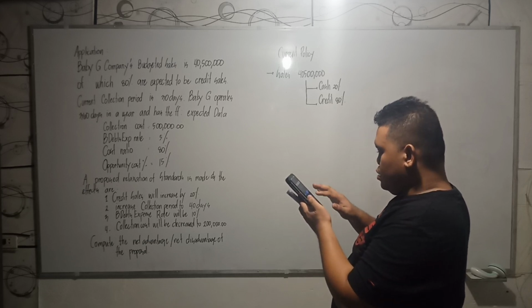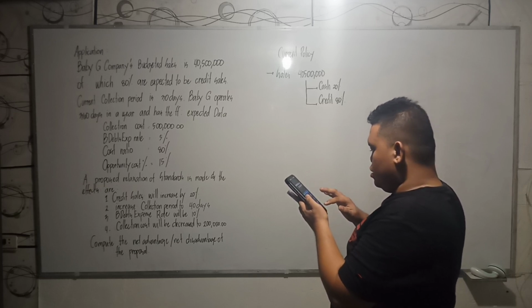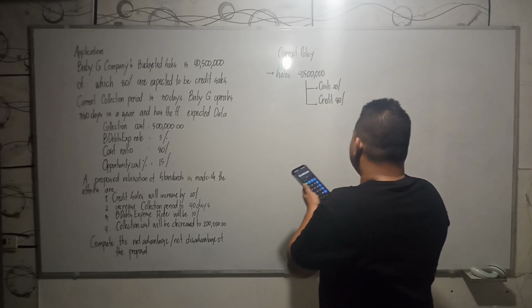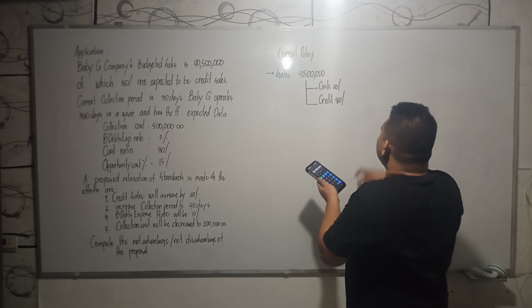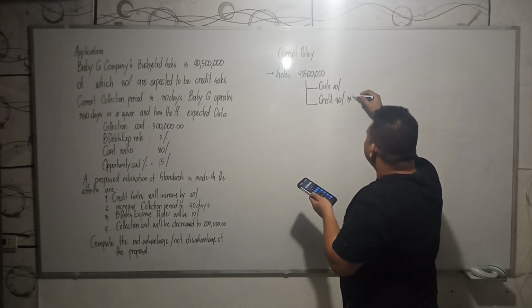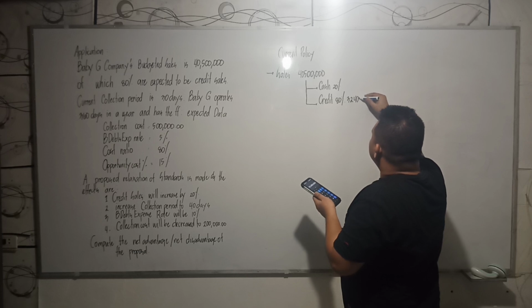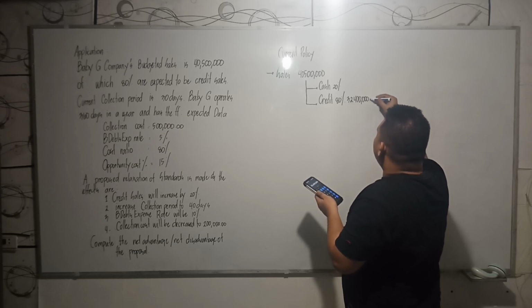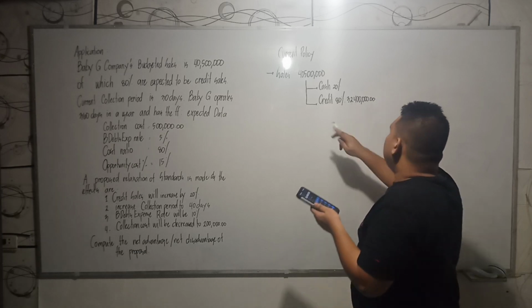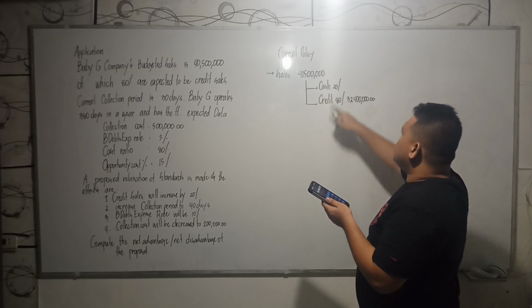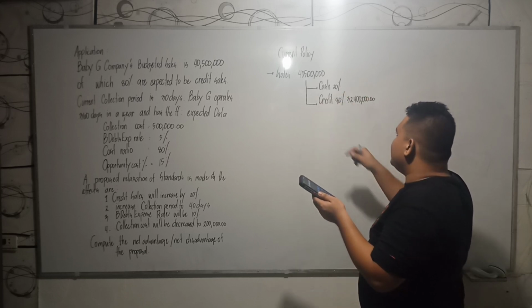$40,500,000 times 0.80, you will have credit sales of 32,400,000. Now, let's compute for the 20% for the holistic analysis.